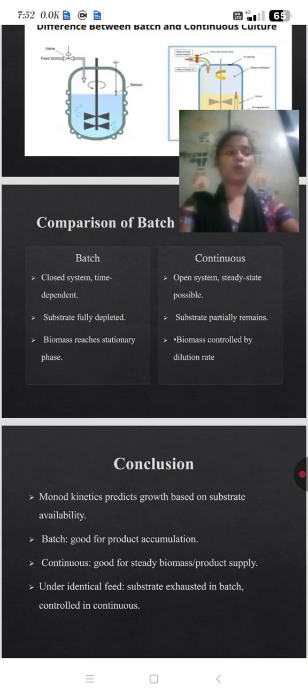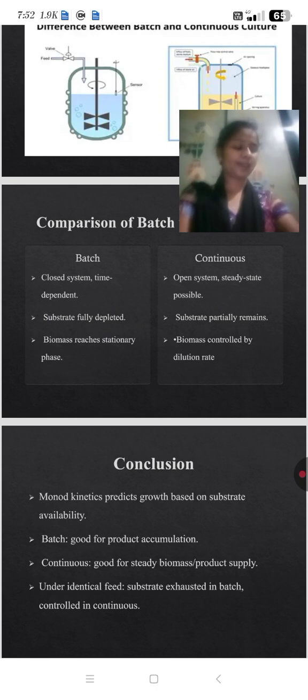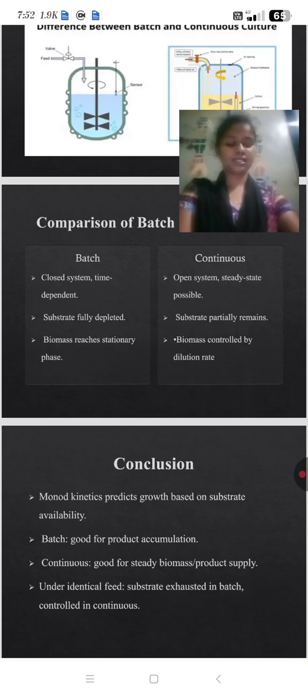Continuous culture: open system, substrate partially fermented, can maintain steady state growth. Control is dilution rate based. Continuous is like a flowing system, constant feeding and harvesting, like a running fountain.